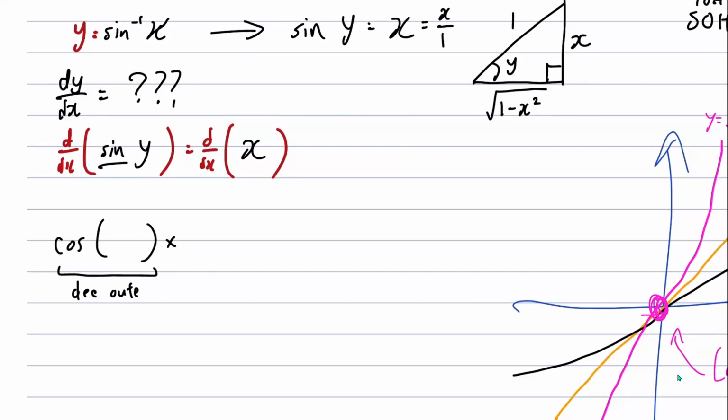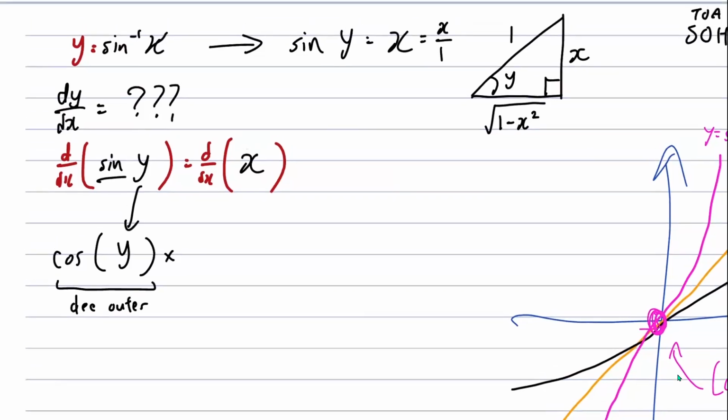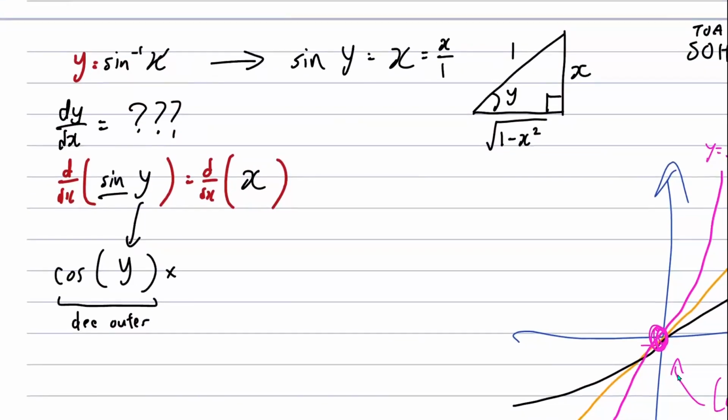Keep it as y. Keep the same. Wait, no, it's not square root of 1 minus x squared. Y is the angle. Y is sine inverse x. So it's actually cos of sine inverse x, but you keep the same. That's the chain rule.